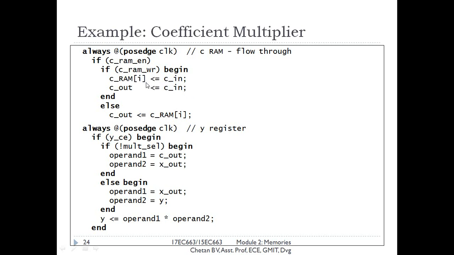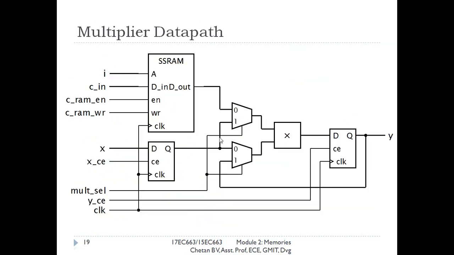At the same time, after performing this write operation, we make the data written available on the output line. Therefore, assign this C to the output also. If this CRAM write is 0, we have to perform a read operation. Therefore, assign the data stored in location I, the address, again to the output. So this is the model of the flow-through SSRAM.